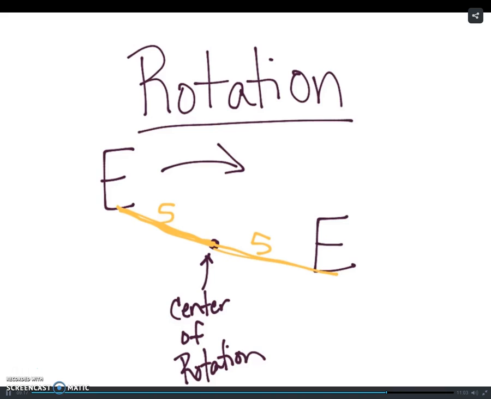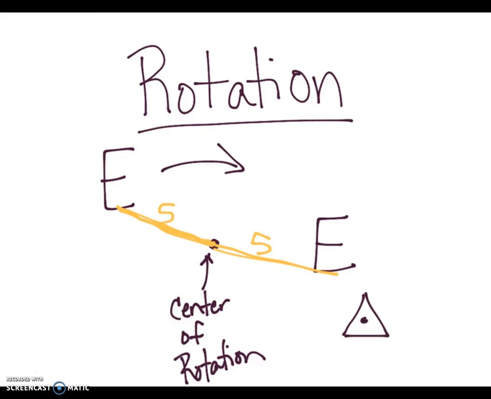So some people expect that the center of rotation will always be the center of the object, and that's really a common misconception when you're dealing with something like a triangle. They think, oh, if it was here, then it's just turning, and so my new shape is going to be in exactly the same spot. It's just going to have turned some. And that is a possibility, but it's just not always the way it works.